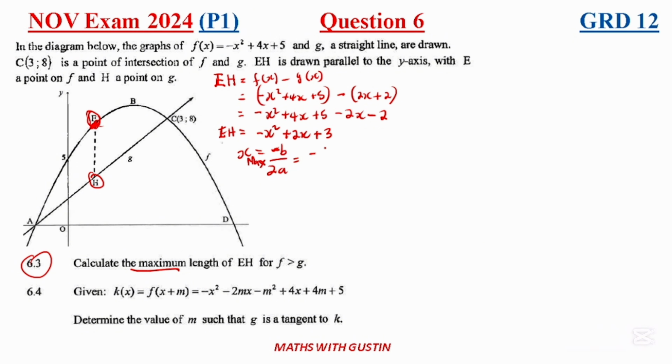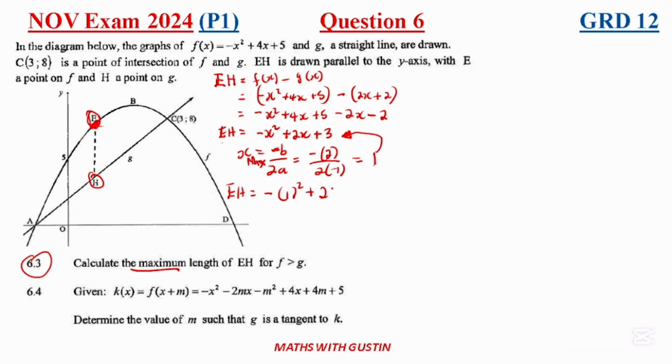So it's going to be negative in brackets 2 all over 2 minus 1, which gives us positive 1. Therefore you're going to come back here and say, okay, EH, if you substitute this x value on the original function, what do you get? 1 squared plus, you take this one, then substitute it back here to the original equation, guys.